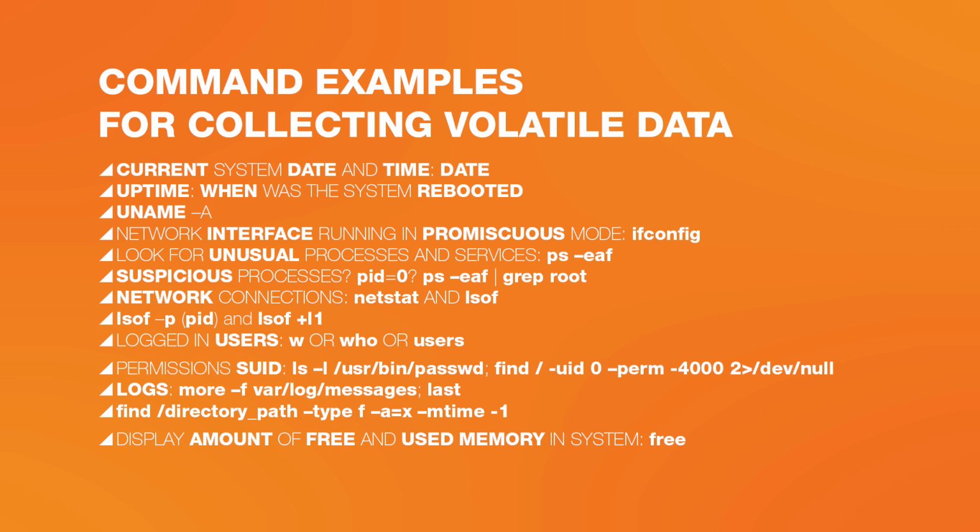Ifconfig will display network interfaces, and whether it is running in promiscuous mode or not. ps or top show you all the processes, and netstat and lsof will show you network connections. who or w or users will show you logged on users.